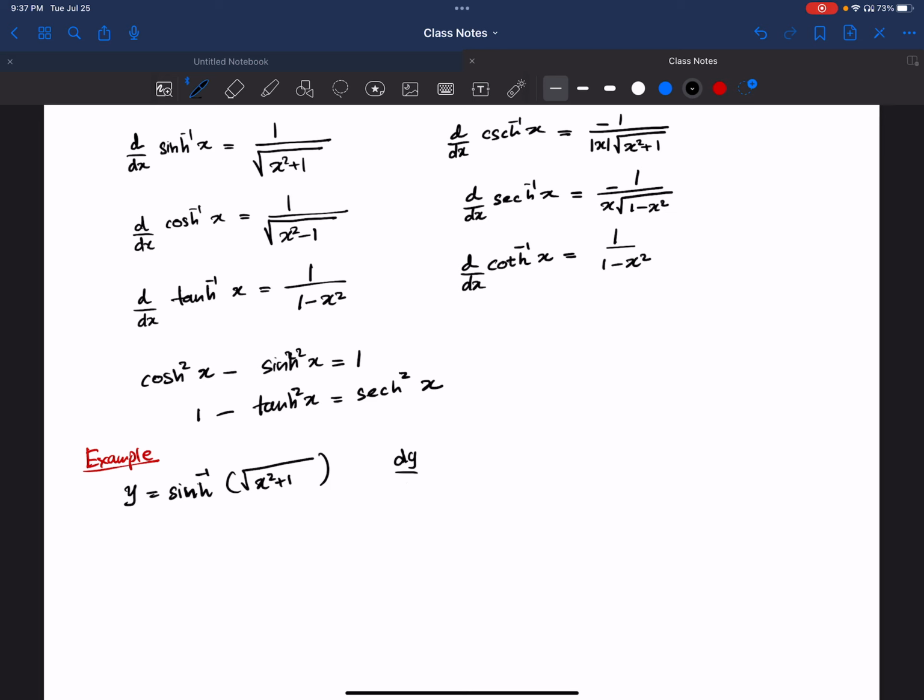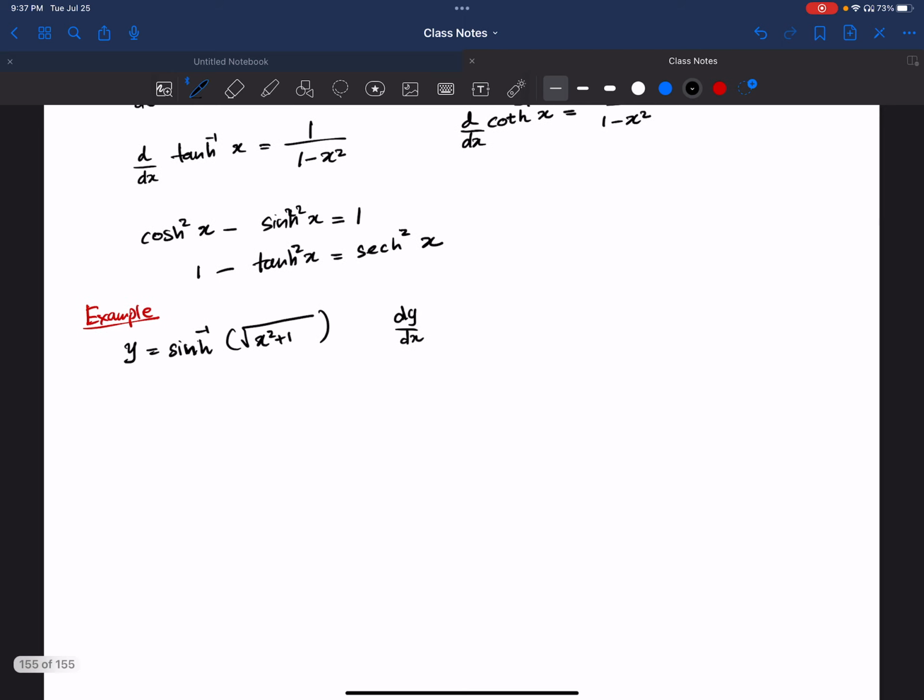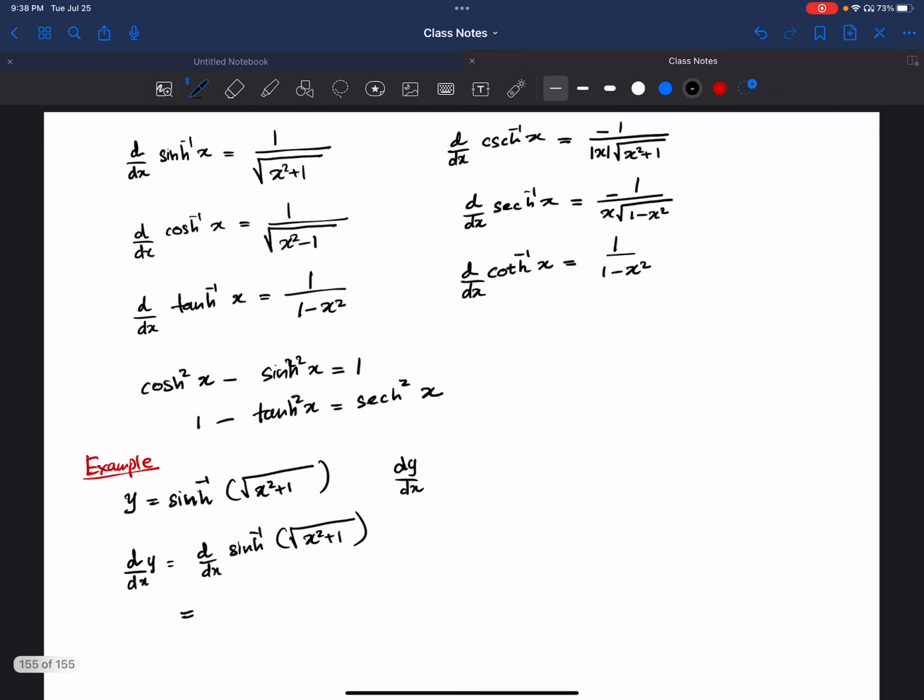Find dy over dx. So when you find dy over dx, d over dx sinh inverse of the square root, you can write by using this derivative.